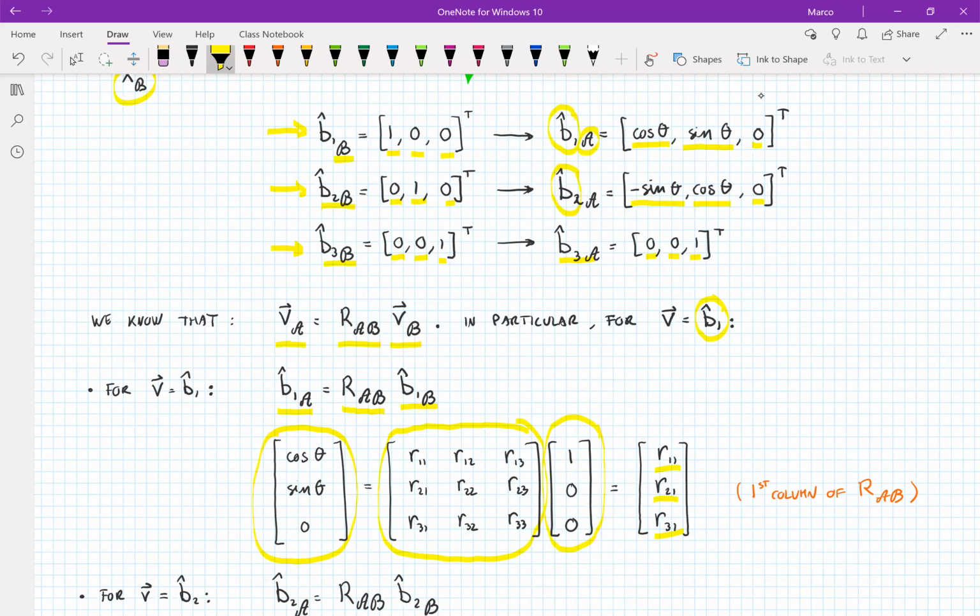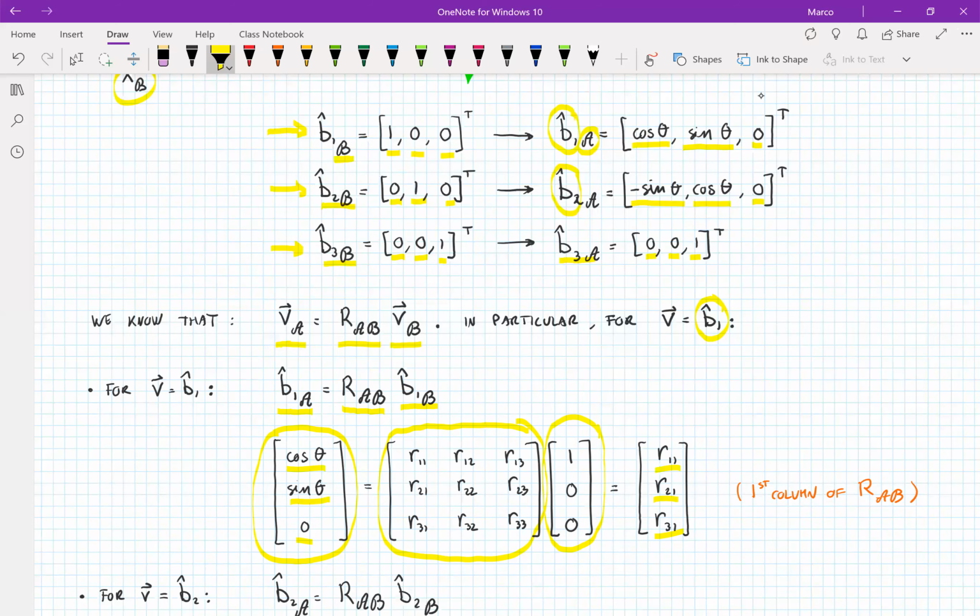We now know that R11 is equal to cosine of theta, R12 is equal to sine of theta, and R13 is equal to 0. So by looking at what happens to versor B1, we found the first column of the rotation matrix RAB.